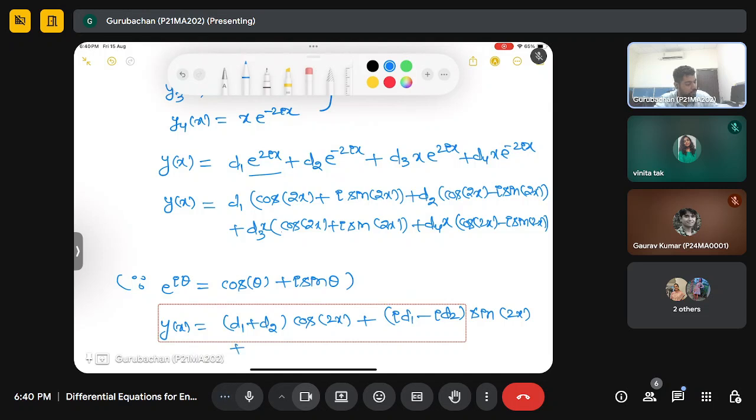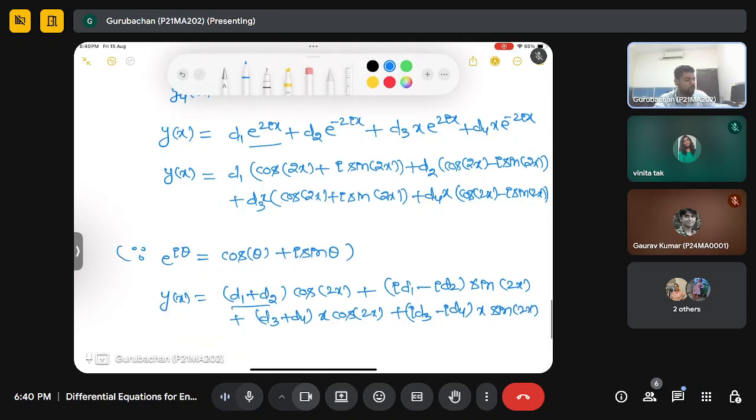The next one is x times (d3 + d4) cos 2x, or precisely, (d3 + d4) x cos 2x, and the next will be (i d3 - i d4) x sin 2x.